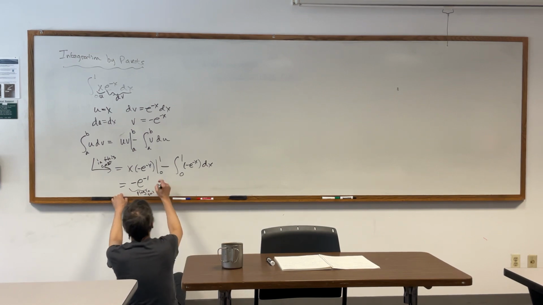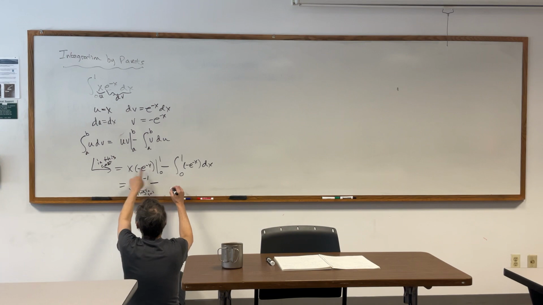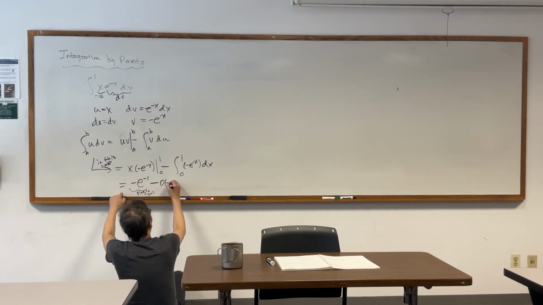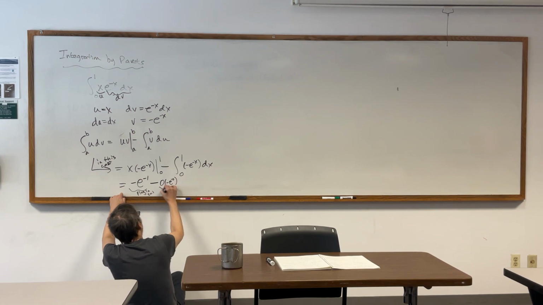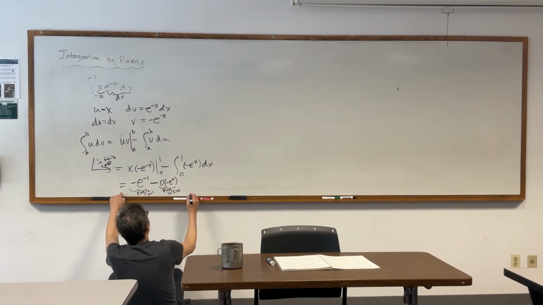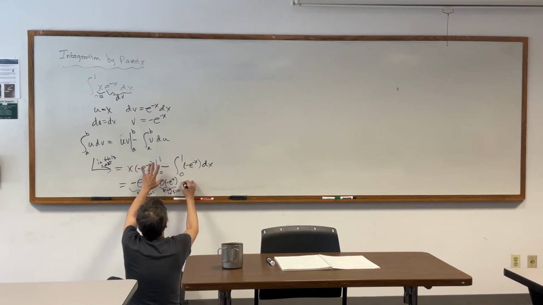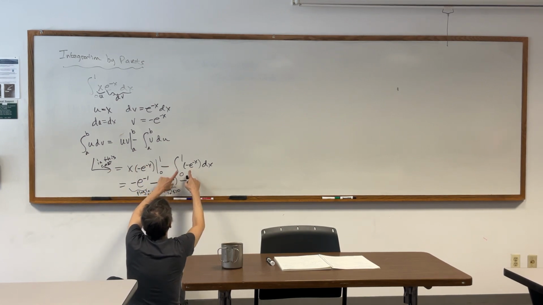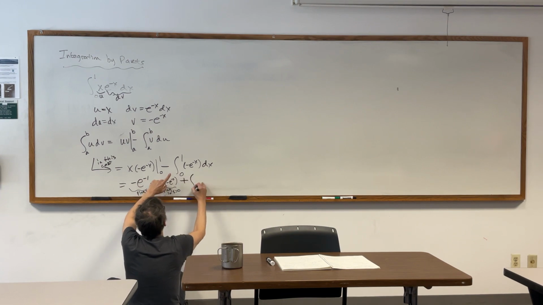Make sure you're cool with that. And then minus, I'm going to plug in x equals 0, and this dies off. And I'll write it out just so that we have it. Plug in x equals 0. So that's this. And then minus, now I've got this other integral. Check it out though, I'm going to do a quick rewrite.